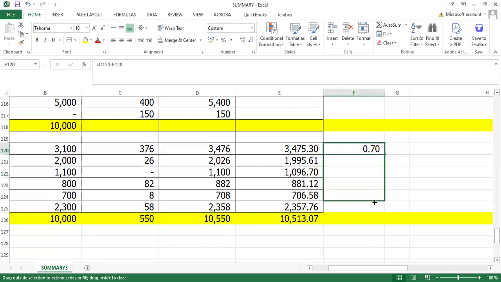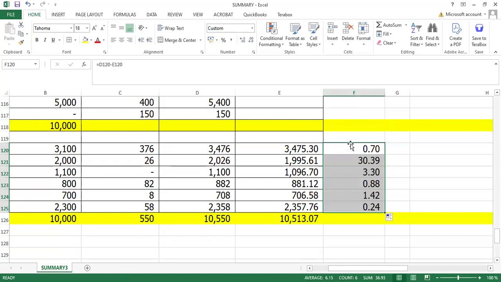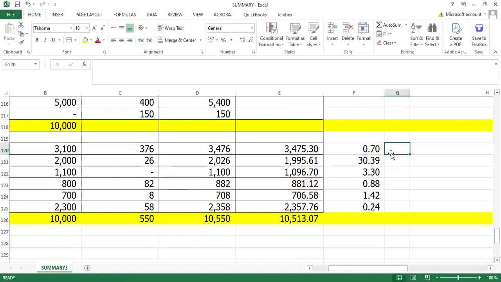So please, for the variance column, don't put a figure as negative. Put the figure, then put a comment. If we were planning to incur this, but the entity incurred less, this is favorable.